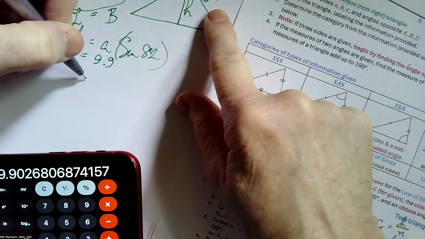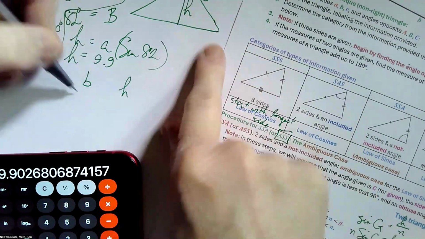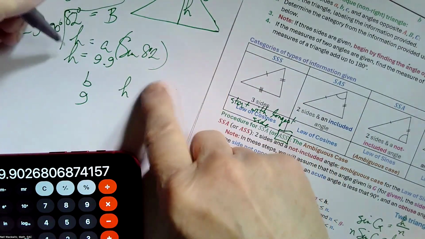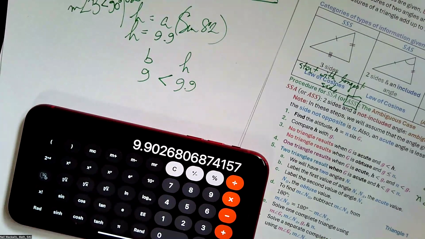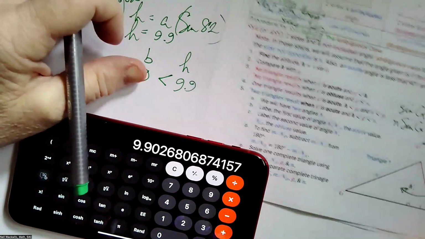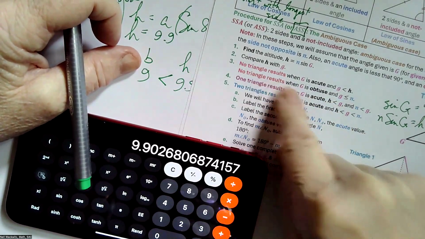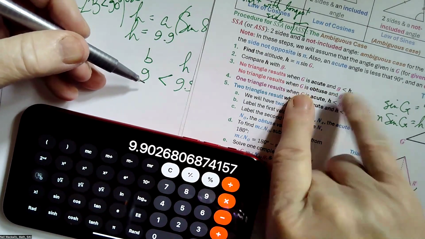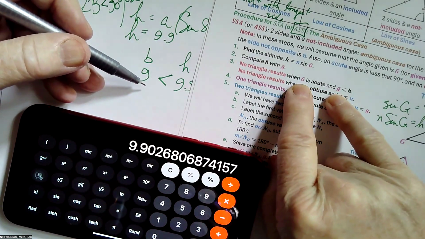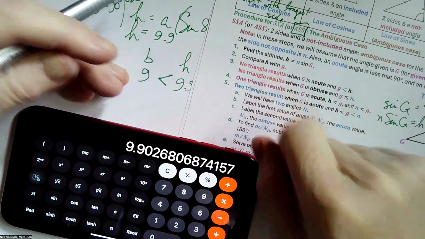So that'll be B and H. B is 9. H is 9.9. So we can put the inequality that way. If G is acute and the side that matches that given angle is less than H, then no triangle results.